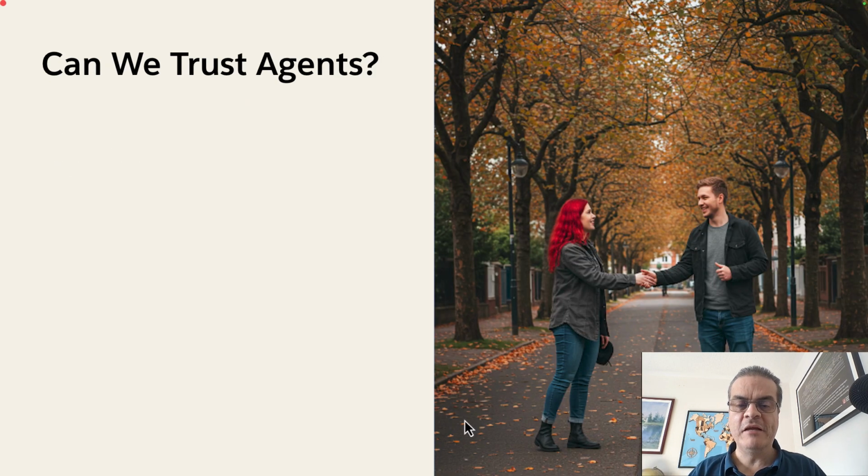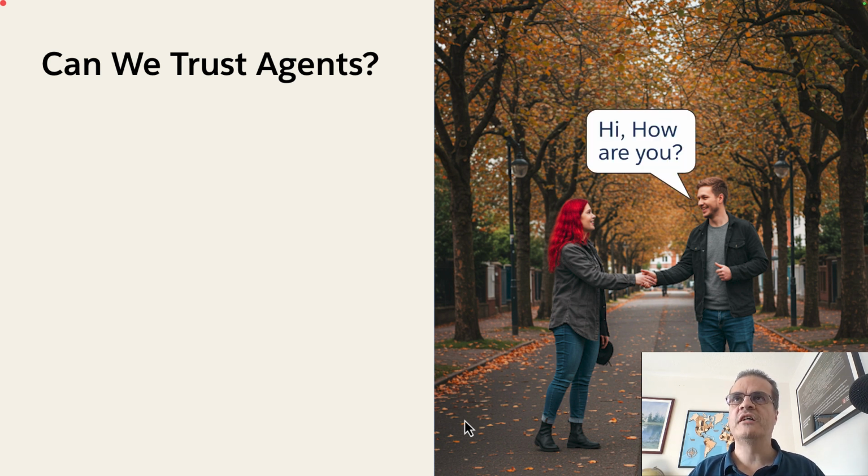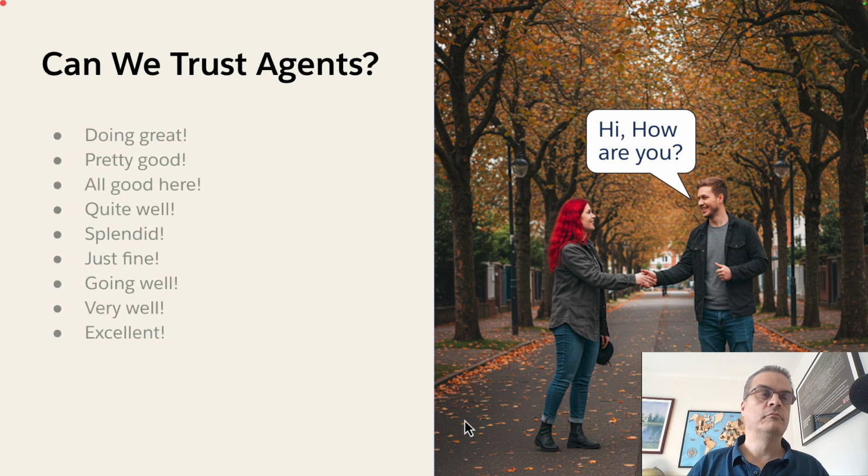Okay? Let me give you another example. Let's suppose that these two fellows are friends and they haven't seen each other in a while, maybe a week or whatever, and they cross paths on the street. Then he says, "Hi, how are you?" And let's suppose that she is doing fine. So what is she going to answer? "Oh, I'm doing great. Pretty good.